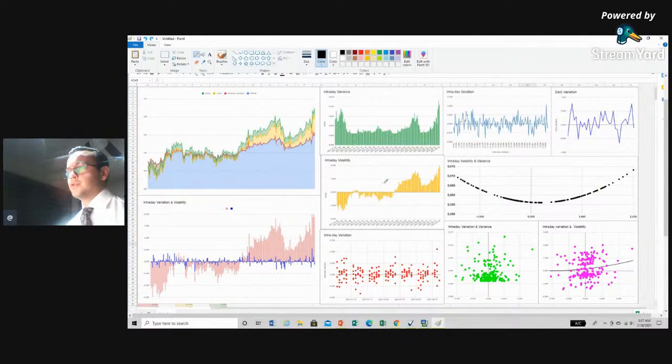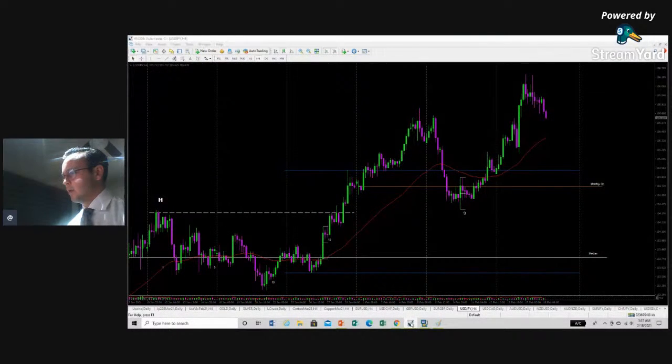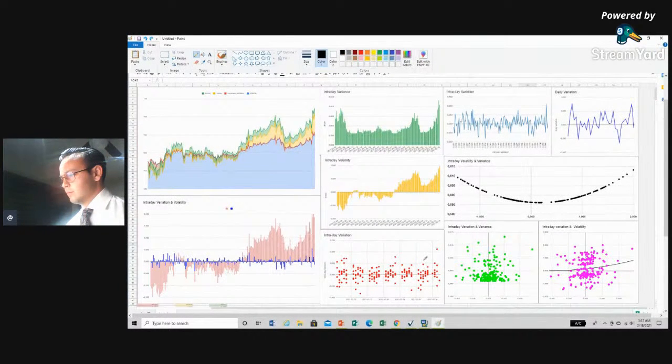If we try to identify that data point, it's going to be located around this area. It's going to be this data point.